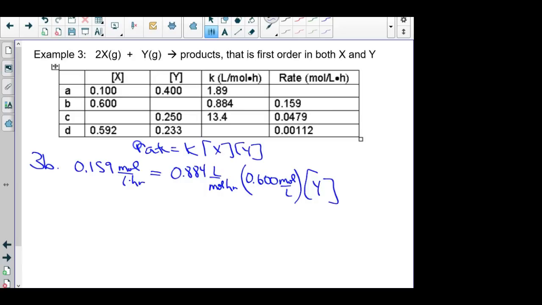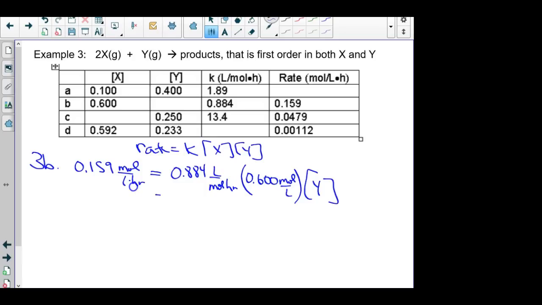So what we're going to do is solve for Y. To do that, notice that anytime I write a rate expression, everything is being multiplied. So to undo multiplication, I have to divide. So I'm going to multiply these two numbers here and then divide them over. I'm going to do this in steps, write down what you need. So the first thing we're going to do is multiply 0.884 times 0.6.